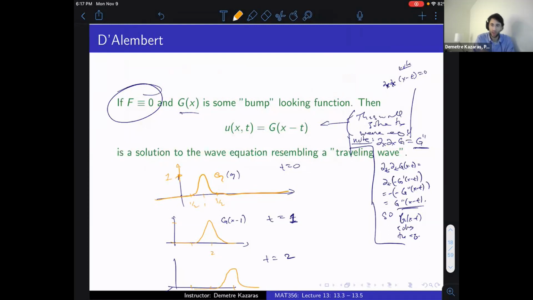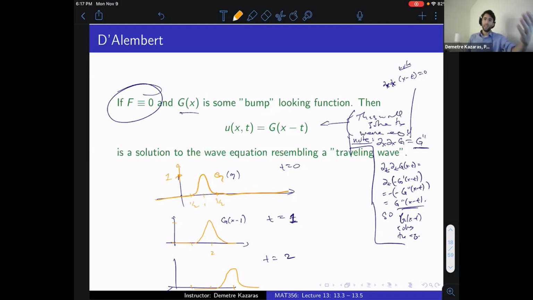And then if I go on further in time, it just looks like the wave is translating to the right. That's what this equation predicts. This is a conceivable wave. This is a possible wave. Just a bump that is slowly moving in one direction.